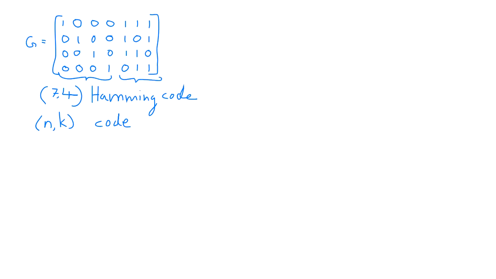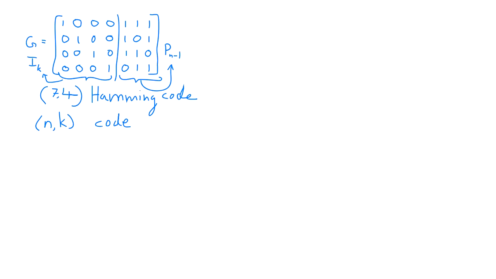The first part, to the left of this line, is the identity matrix of size k, which we call I_k. This matrix here is the parity matrix of size n minus k, P_(n-k).